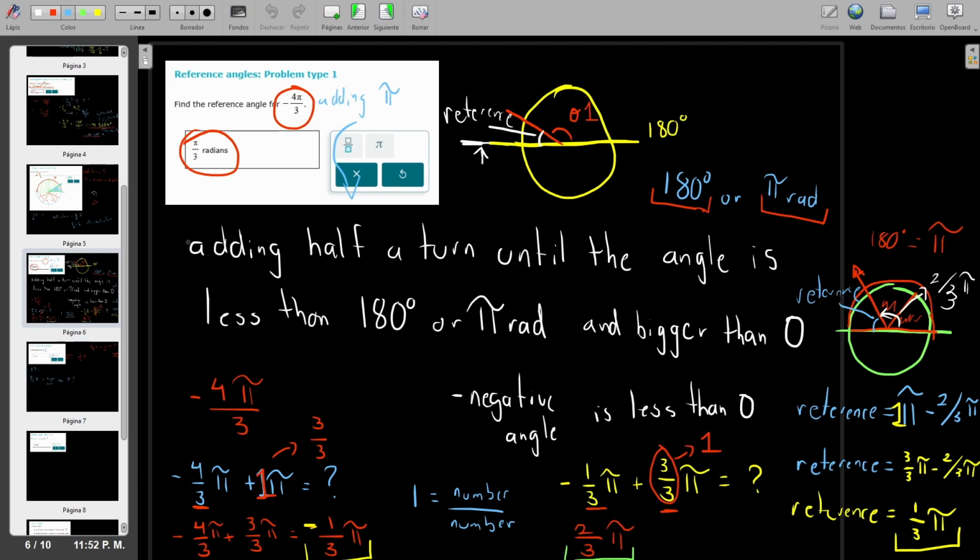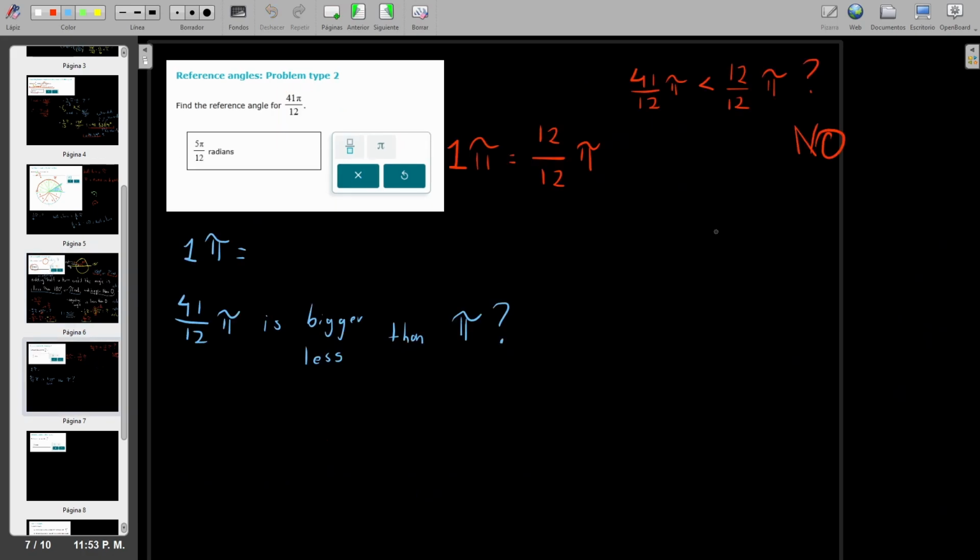We need to add or subtract half a turn until the angle is less than 180 degrees or pi and bigger than 0. So in this case it is not less than pi, so we need to be subtracting.